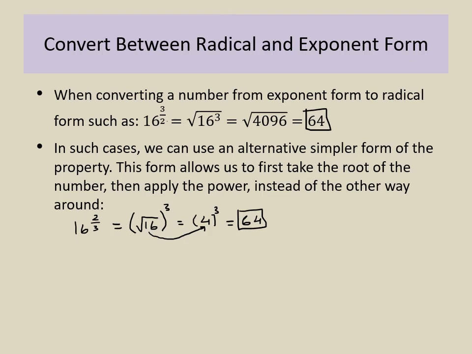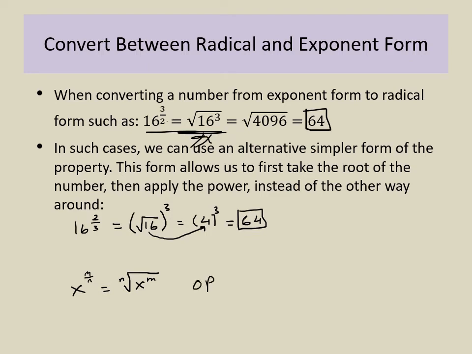All right, so let's write those down. The first method: if I have x to the power of m over n, like we did here, I can convert that to the nth root of x to the power of m, which is what we have here. It's obviously correct.